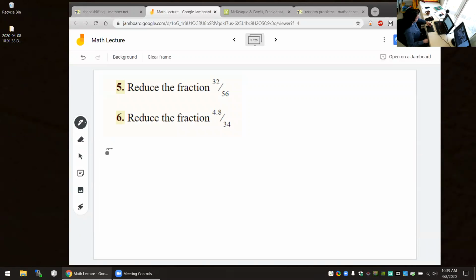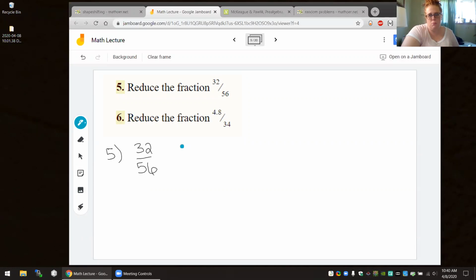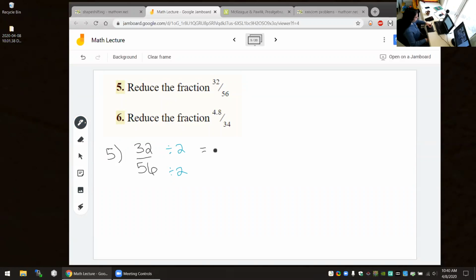Okay, so for number 5, 32 over 56. How should I start? Divide by 2. Sure. So half of 32 is going to be 16. And half of 56, well, half of 50 is 25, and then half of 6 is 3, so that's going to be 28.